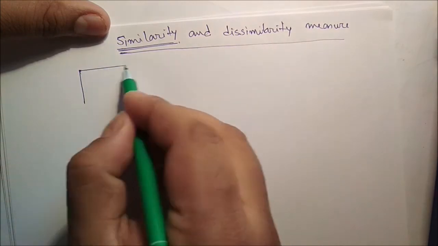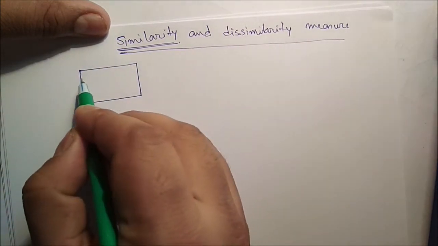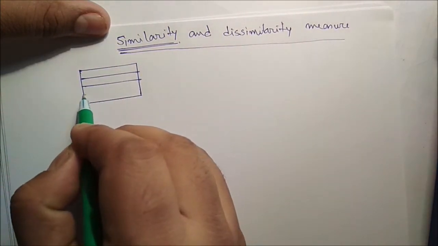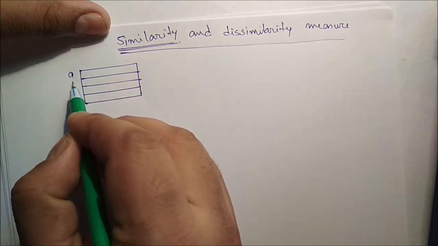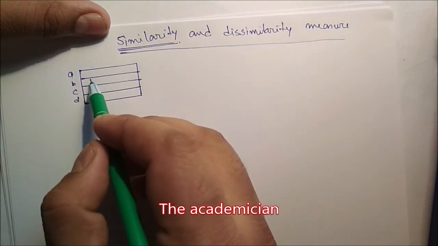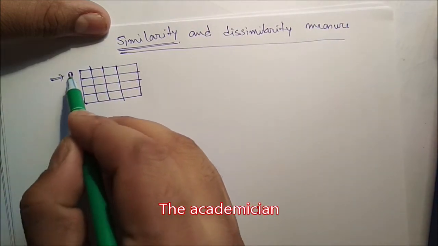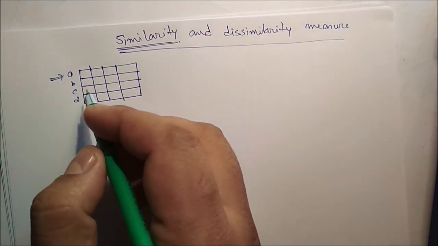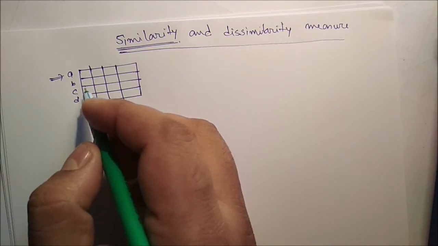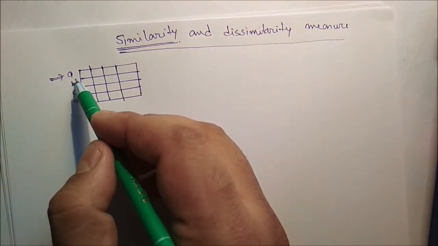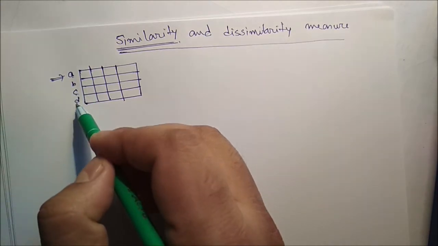Suppose it's a data set, and here A, B, C, D are the rows. So A, B, C, D are called rows or tuples or data. We have to identify the similarity between AB or AC or AD.